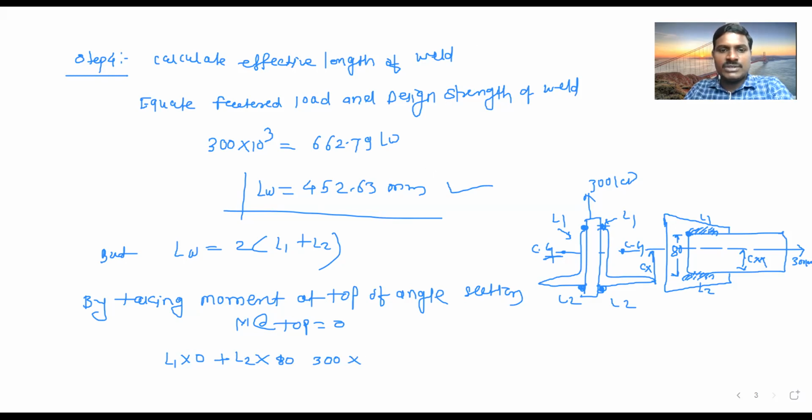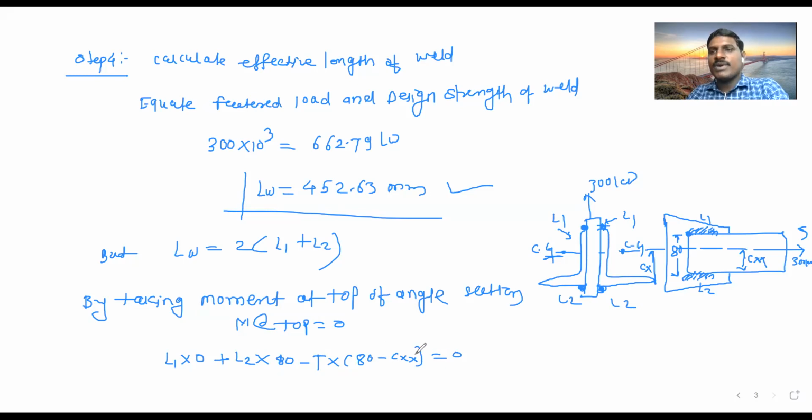Then next force, 300 kilonewton, we can call it T force. T into how much? 80 minus CXX. Now we have to find the value of CXX also. Is it clockwise or anti-clockwise towards top? Anti-clockwise. So this is our moment at top equation.